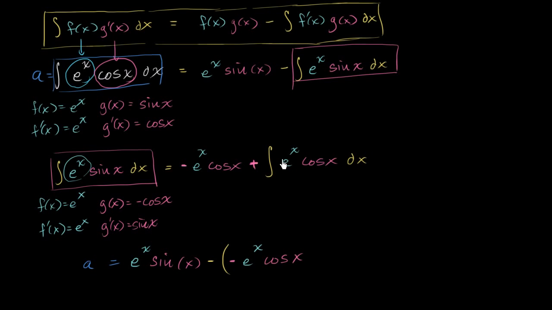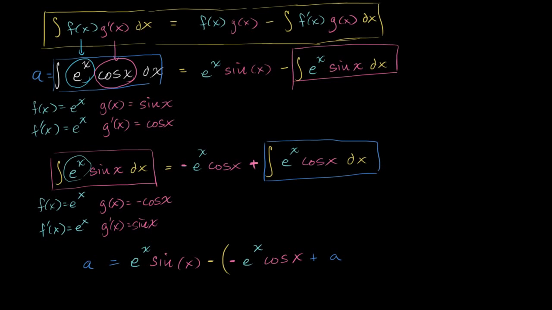And then this right over here is our a again. A was defined as the antiderivative of e to the x cosine of x. So we could put a plus a, just like that.